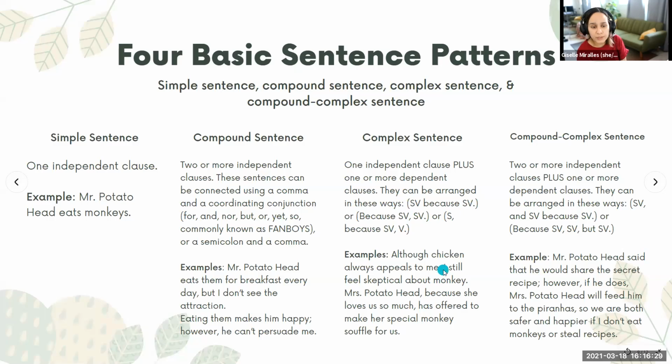If we just eliminate the comma, "although chicken always appeals to me" is a dependent clause because it does not stand on its own. And then it's attached to an independent clause, which is what makes it a complete sentence: "I still feel skeptical about monkey." The second half of the sentence is an independent clause because it can stand alone. So when you join a dependent clause and an independent clause, it's always going to be a complex sentence.